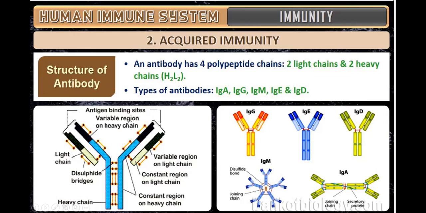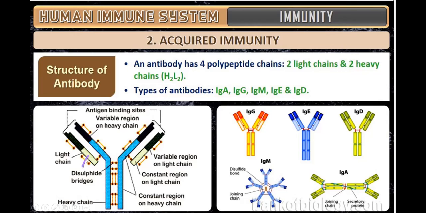In these, there are 2 regions: constant region and variable region. This area is the variable region on the light chain, and this is the variable region on the heavy chain. So both the heavy chain and the light chain have variable regions as well as constant regions.